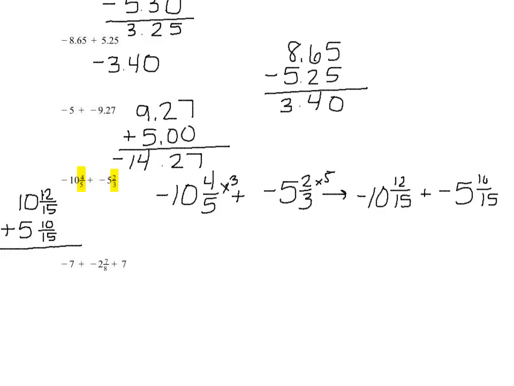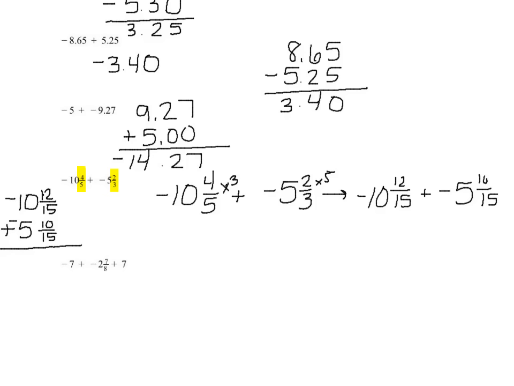And again, both those numbers are negative. So I like to, when adding with either decimals or fractions, I like to stack my numbers. Remember, we do not add denominators.